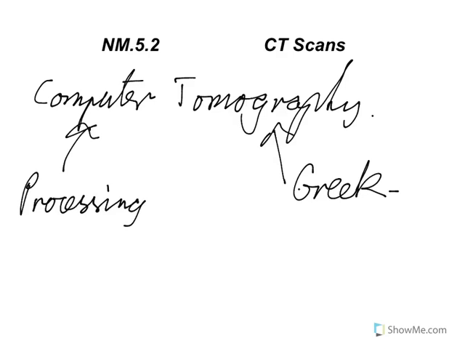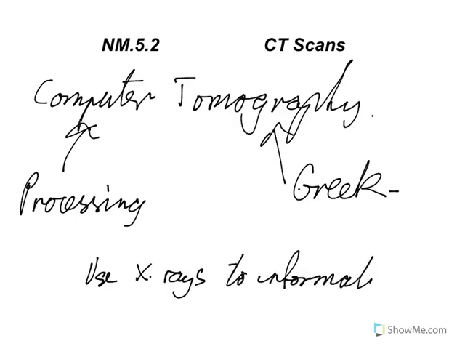Alright, so CT scans, or computer tomography, actually use X-rays to get information. The X-rays give them information, and then the computers process it.